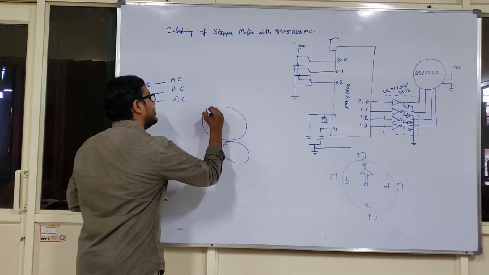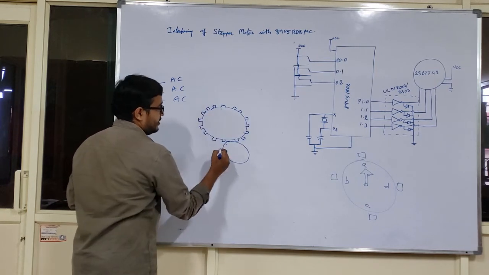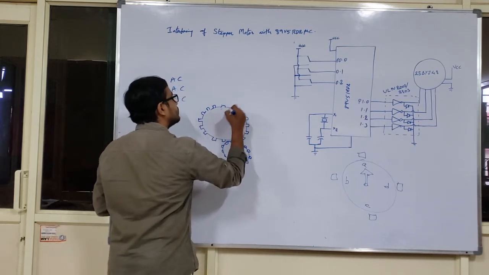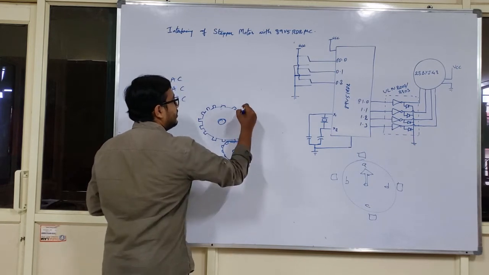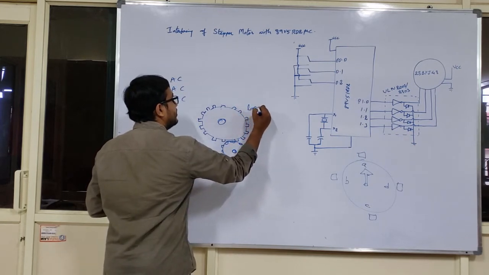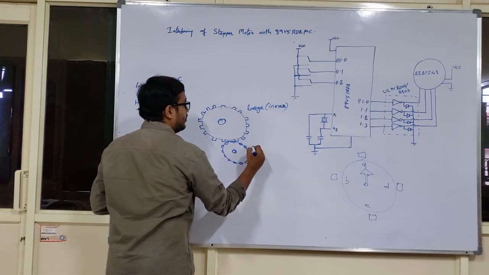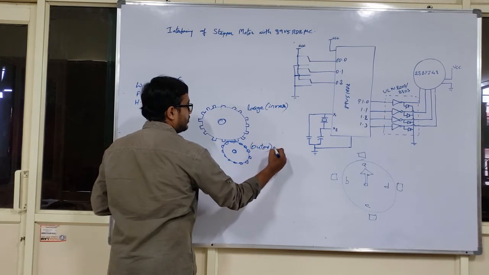The larger gear, or the inner gear as I am going to call it, and this is my smaller gear. This is my rotor and this will be my shaft. So this large gear is nothing but the inner gear, and the outer gear or small gear.